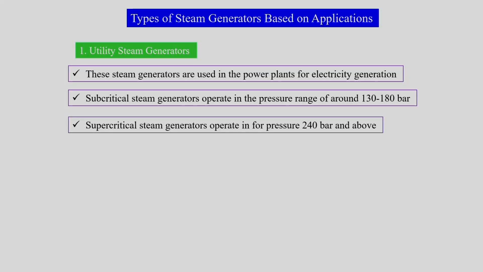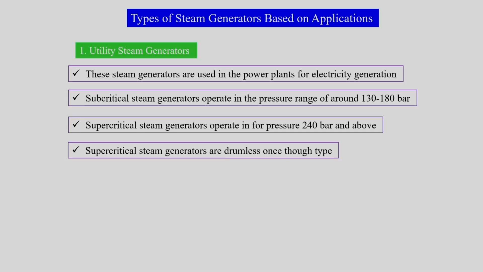After subcritical steam generators we have the supercritical steam generator, which deals with steam at pressures of more than 240 bar. Further, supercritical steam generators are drumless and once-through type, where water will go once and get heated and converted into steam.